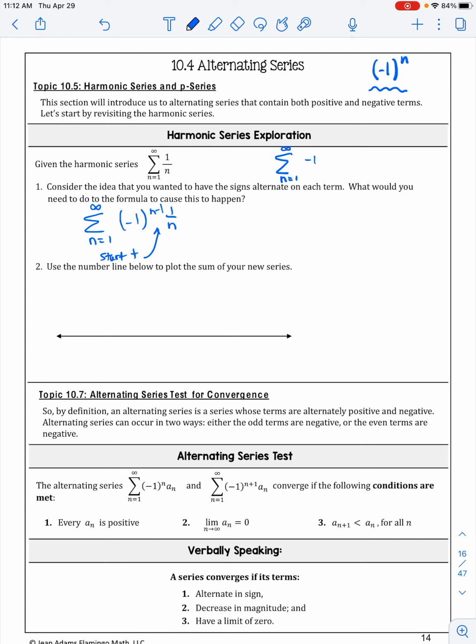That would start positive. Or I'm going to put this one up here, -1 to the n times 1 over n. This would start negative.